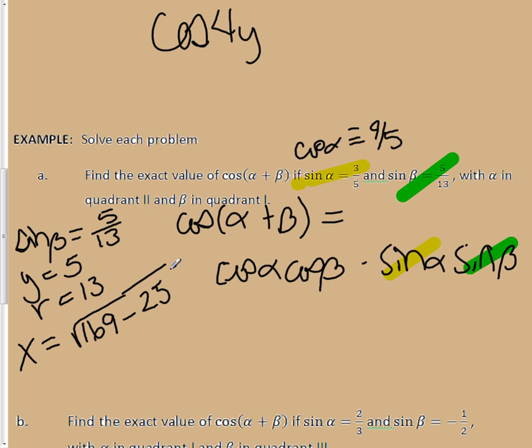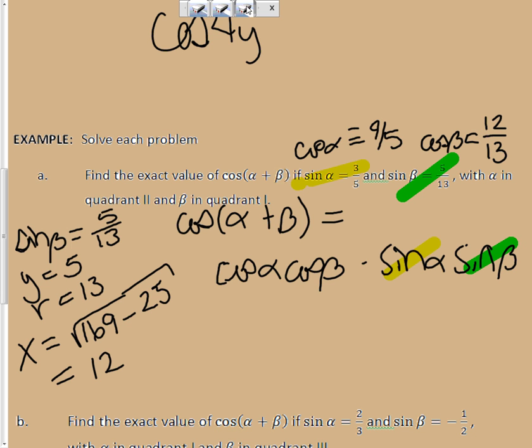Again, this is r squared minus y squared. And so our x value will be 12. So that means the cosine of beta, and I'm in quadrant 1, so it's positive, is going to be my x value, which is 12, over my r value, which is 13.